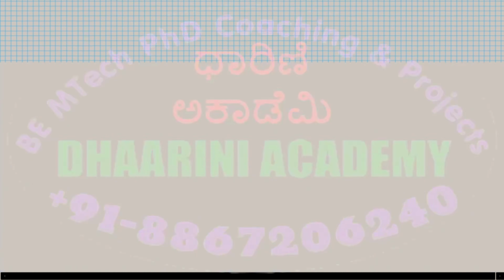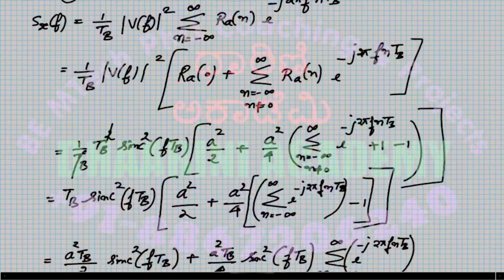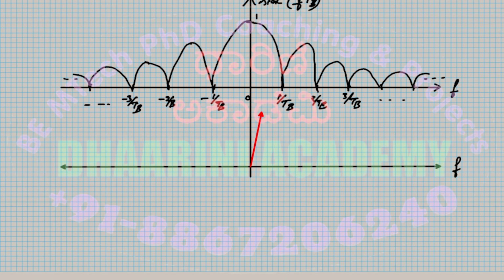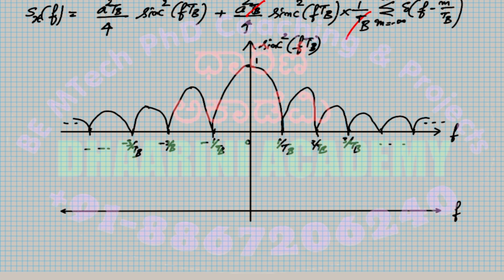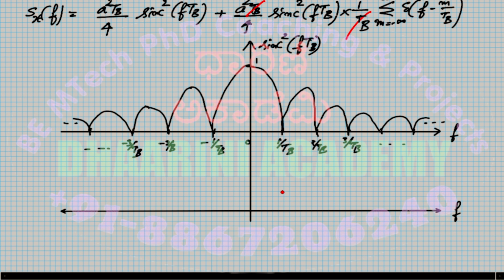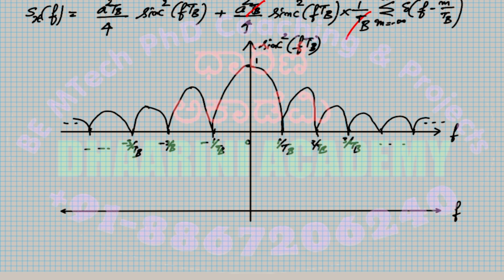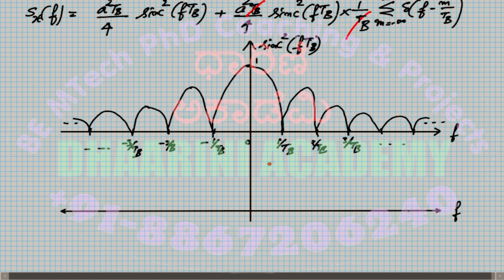So this is the function. If I try to draw the pulse train, this should look like this.